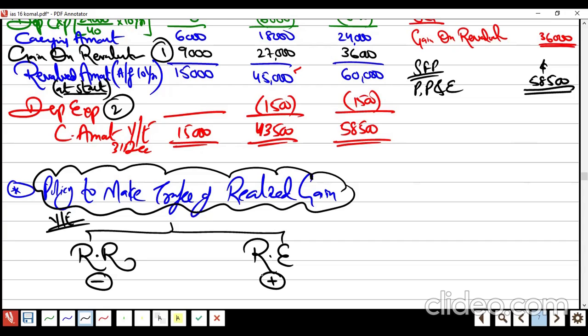After revaluation, what happens? Is the depreciation still 600 or did it change? It got changed. How much is it now after revaluation? How much is your depreciation after revaluation?